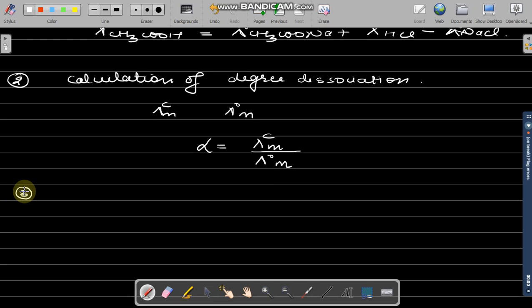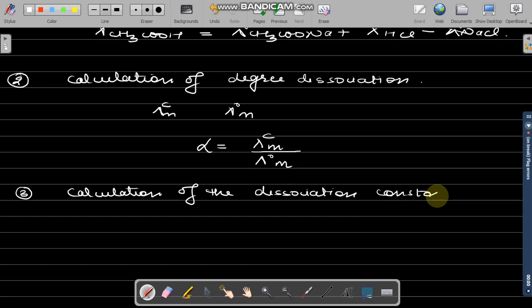Third application is calculation of the dissociation constant of a weak electrolyte, that is Ka and Kb.